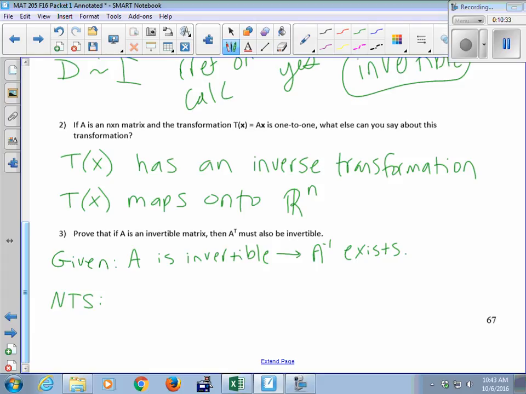So I need to show that there exists some matrix, let's call this C, some matrix C such that C times A transpose equals the identity, and also A transpose times C. No, A times A transpose is not necessarily the identity.